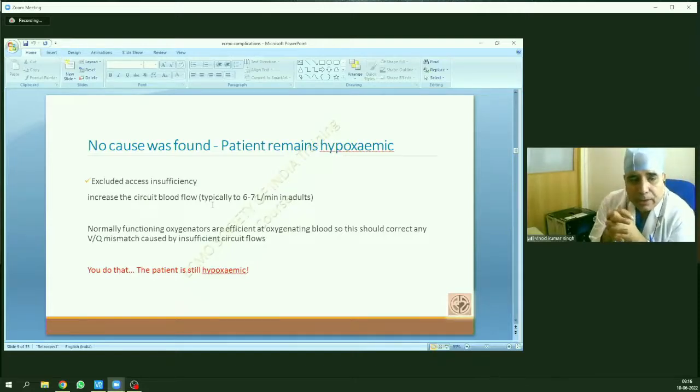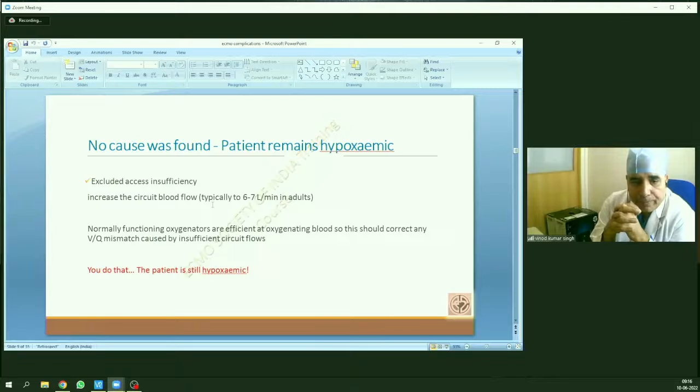Now, if you have excluded all these access-related problems and your patient is still hypoxemic, the next step is to increase the circuit blood flow. You can achieve a circuit blood flow of 6 to 7 liters per minute in an adult, and that should correct your hypoxemia.